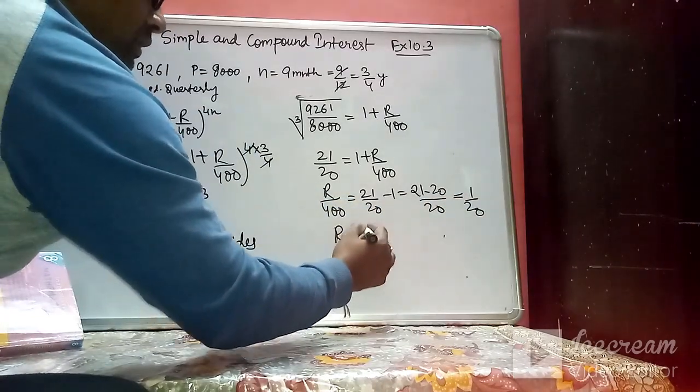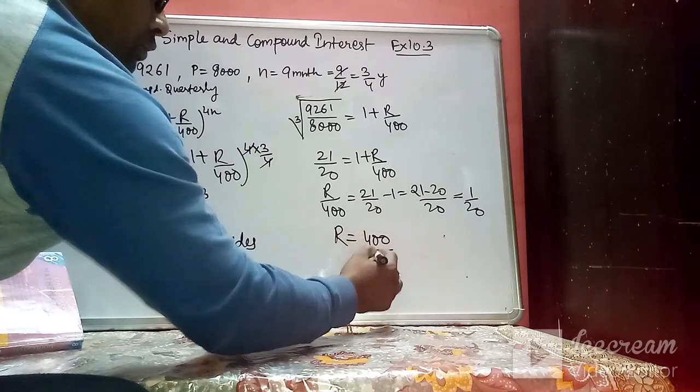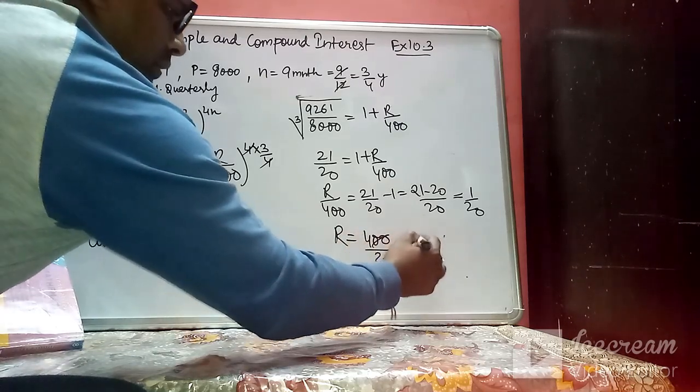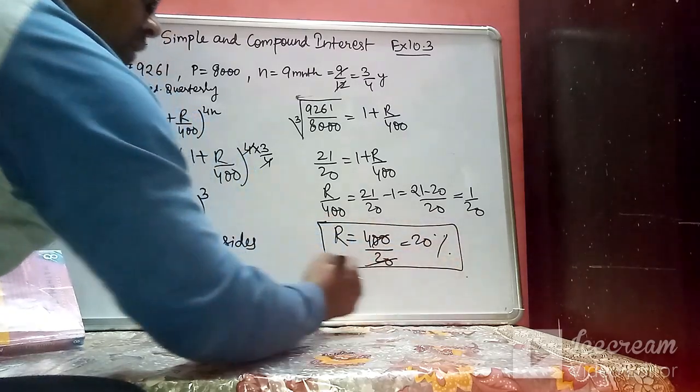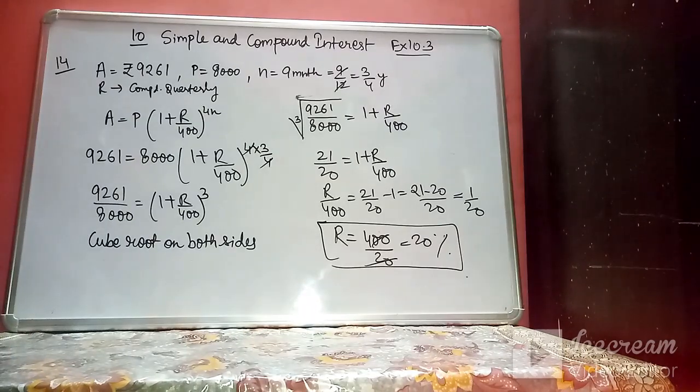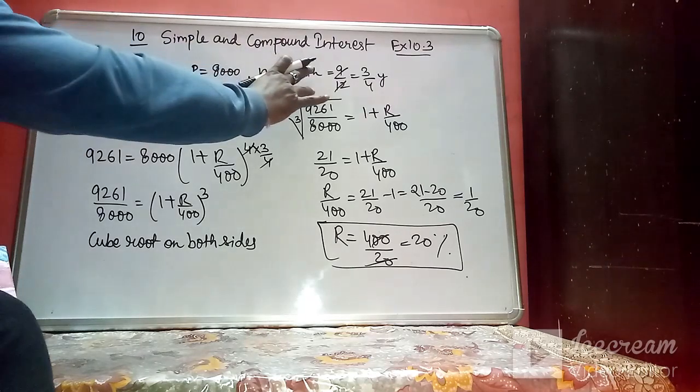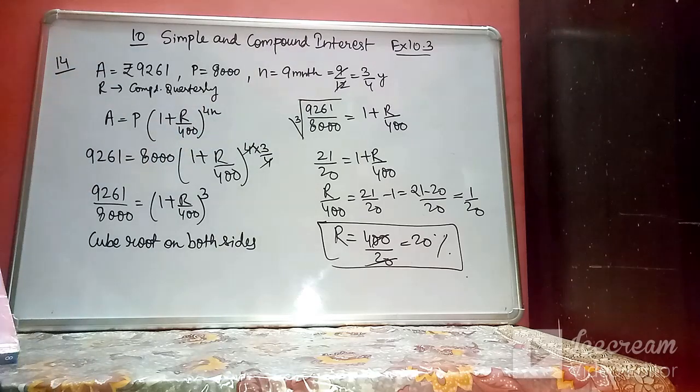So what is rate? 400 upon 20, that is 20%. So this will be our answer. So rate is 20%. So in this we have used the formula for the quarterly rate of interest. So this brings the end to this exercise 10.3.